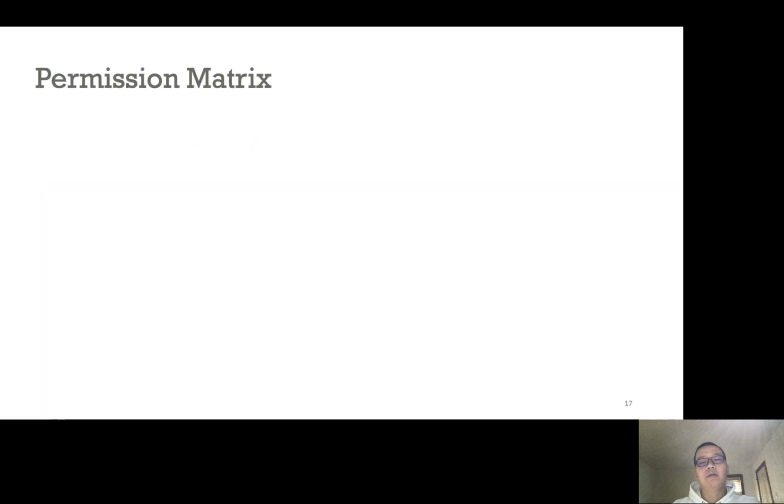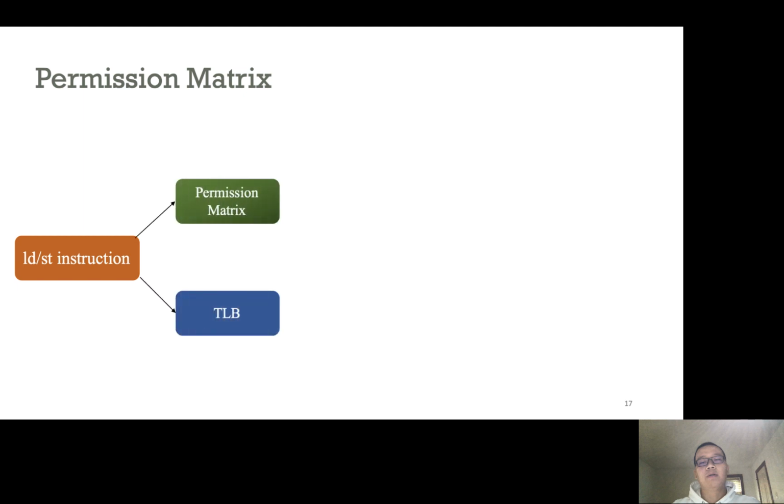So therefore, we propose an on-chip permission matrix per core to support process-wide PMO permission in different processes. The basic idea is the following. The load and store instructions will use the virtual address to check against both the TLB and the permission matrix simultaneously.